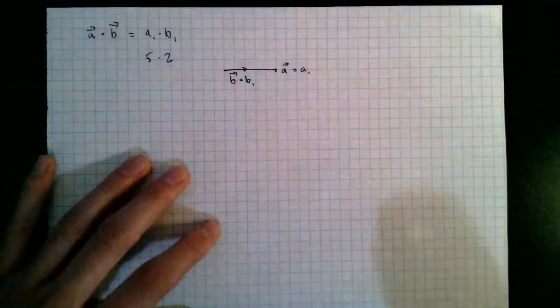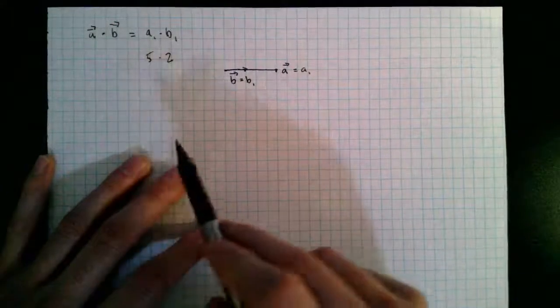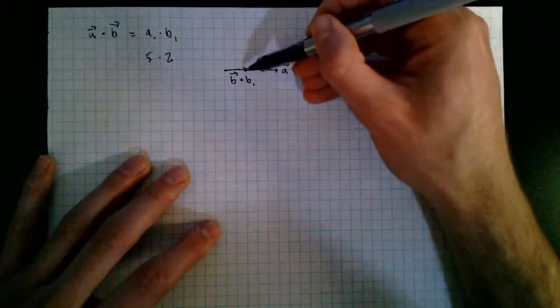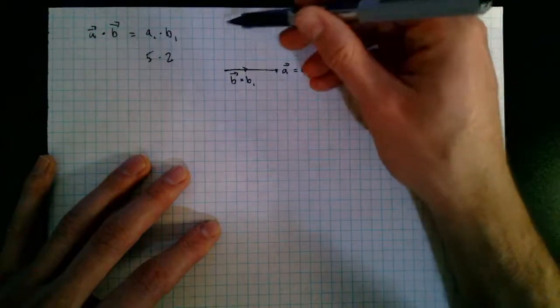B is B1. So this multiplication, another way to think about that is if you rotate one of them up, then it would be the square inside them.